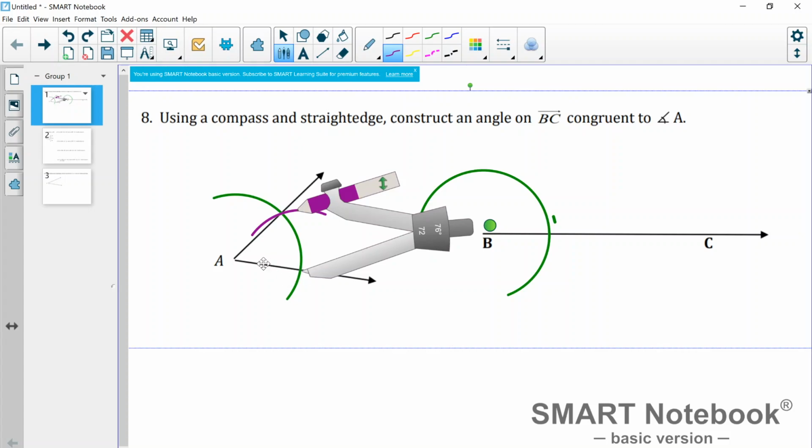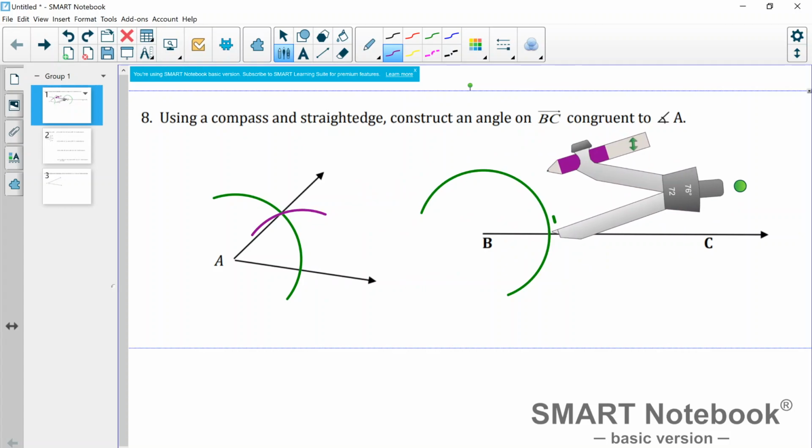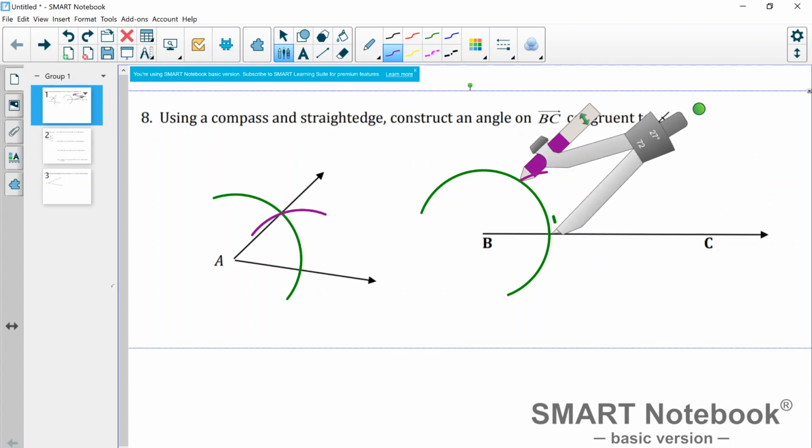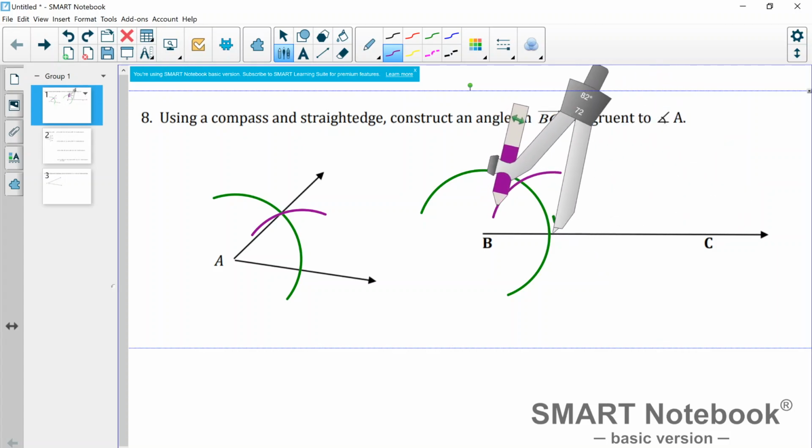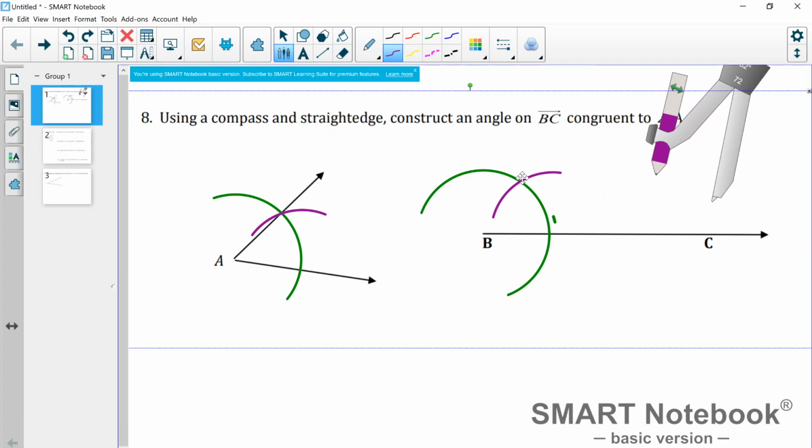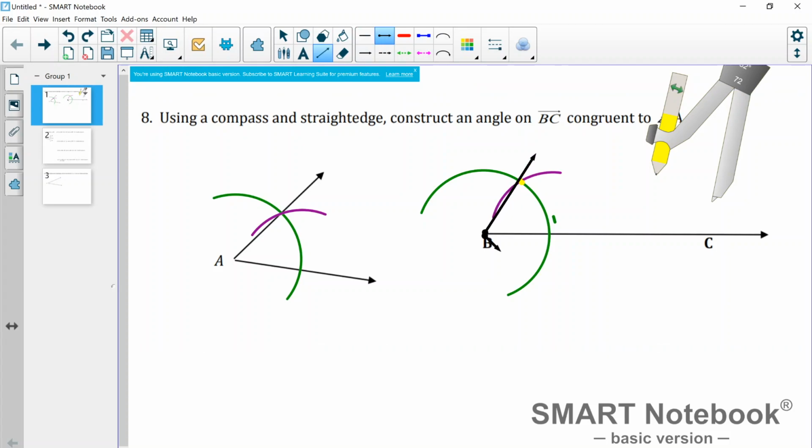Because I put my bullseye point on the arc, I'm going to put my bullseye on this point of intersection, and I'll draw another mark. Now I have this point of intersection right here. That is where I'm going to draw my ray. So I'm going to draw a ray from point B through that point of intersection, and I now have copied angle A.